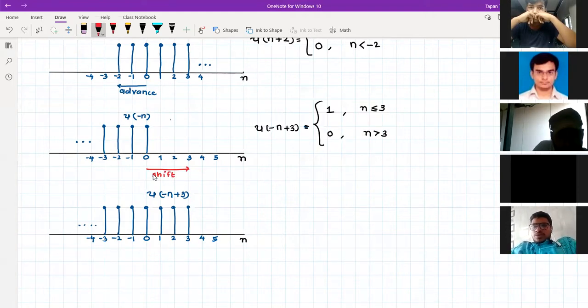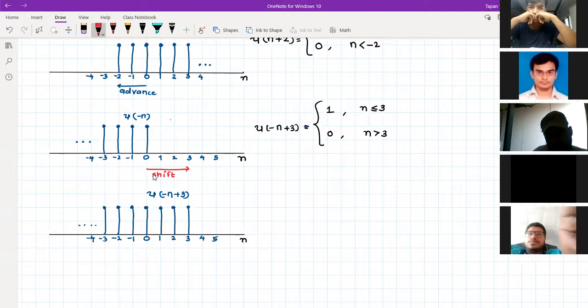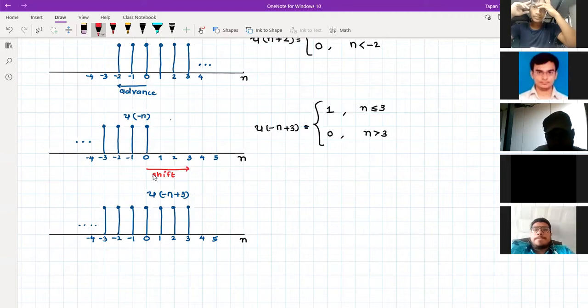This is what we did earlier at the beginning of the session. As I said, when you want to write minus t plus 3 like that, first you fold it and then you shift it. And when you are shifting a folded signal, you should do exactly the opposite of what you would do in the case of a positive signal, right?